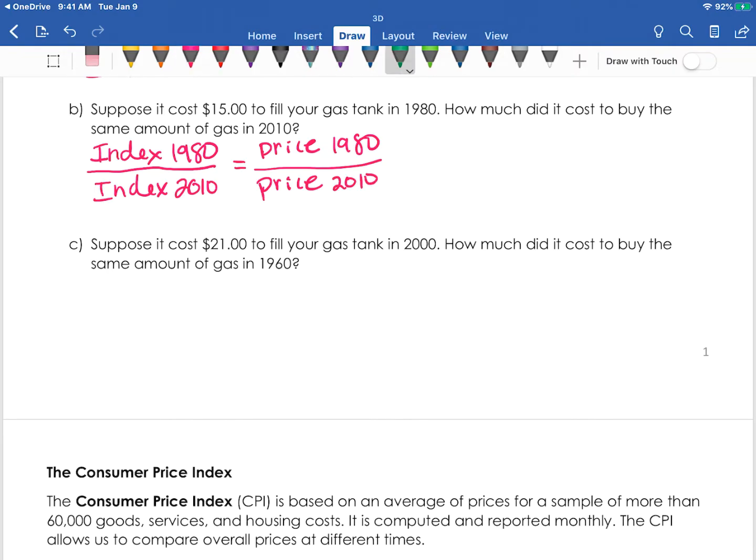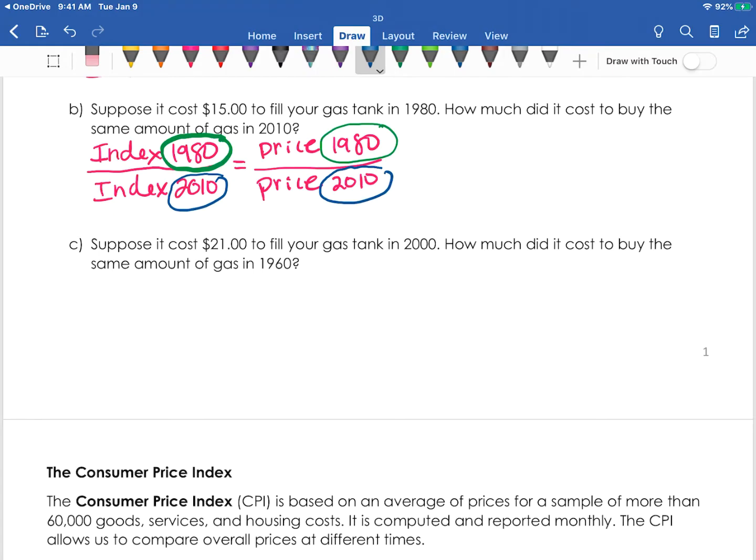Notice, and this is very important, if I put the index for 1980 on top, the price for 1980 needs to also go on top. If I put the index for 2010 on the bottom, the price for 2010 needs to go on the bottom. They need to line up so that it's consistent.